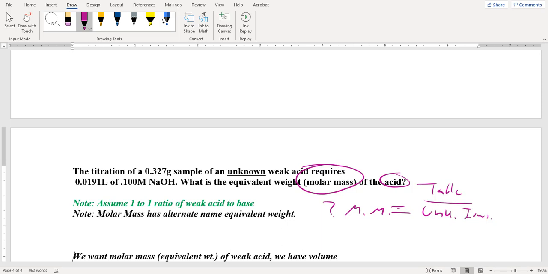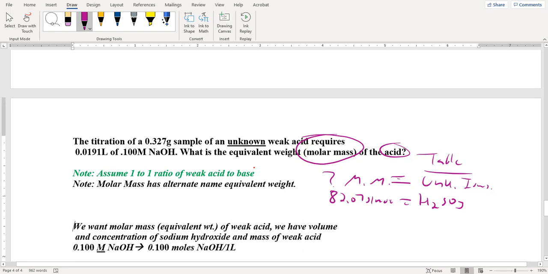So for example, if I had an unknown and its molar mass was 82.07 grams per mole, then looking at a special Merck index table which lists all molar masses and acids, that would match up with sulfurous acid, H2SO3.